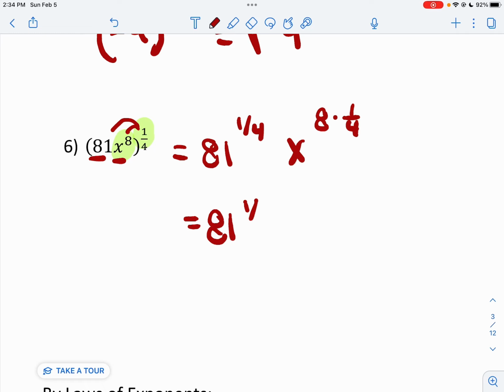This is still 81 to the 1/4. 8 times 1/4 is equal to 2. So this is times x to the power of 2. I'm going to simplify this if I can. 81 to the 1/4 means tell me the number that multiplies by itself 4 times to be 81, and that happens to be 3.